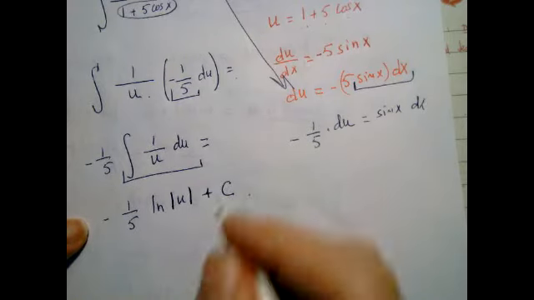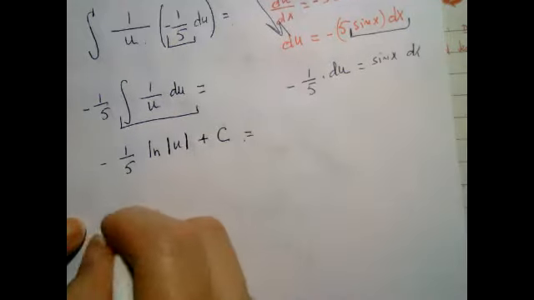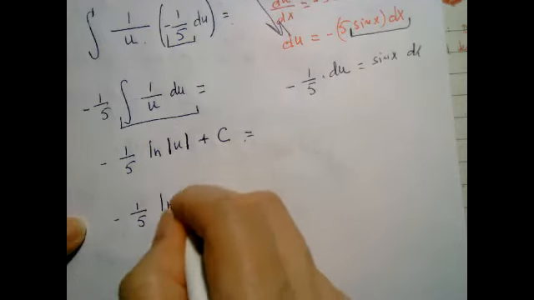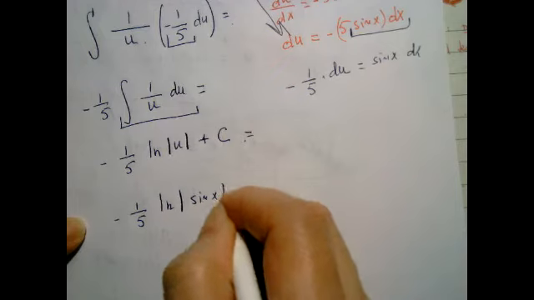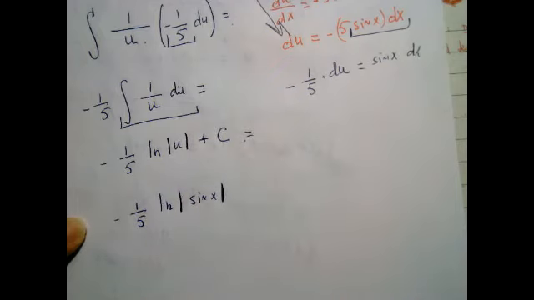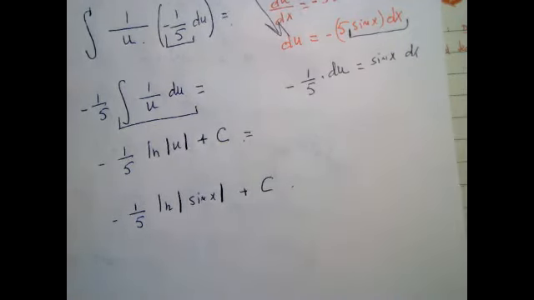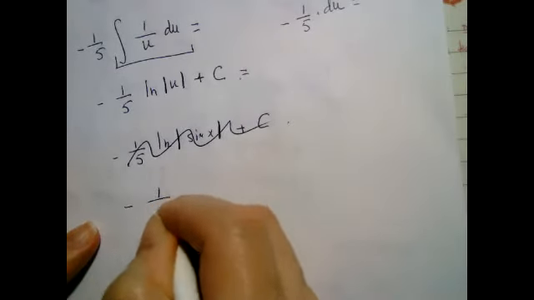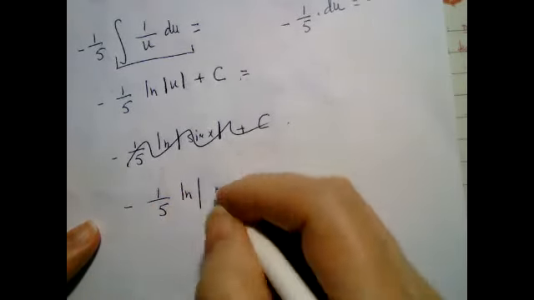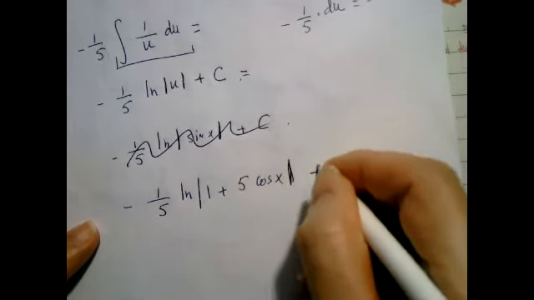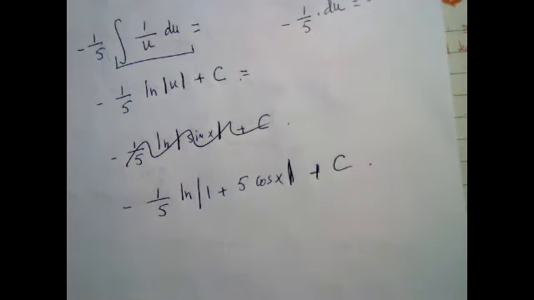So now I have to go back to my original variable: the natural log of u, which means of 1 plus 5 cosine x, plus my constant c of integration. And that's the end of the problem.